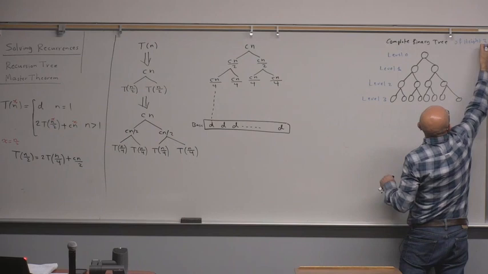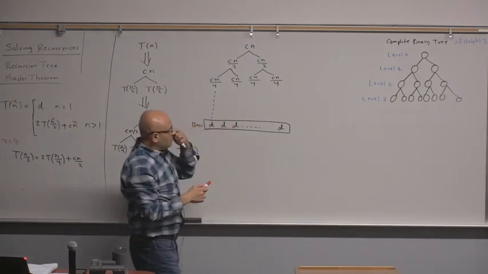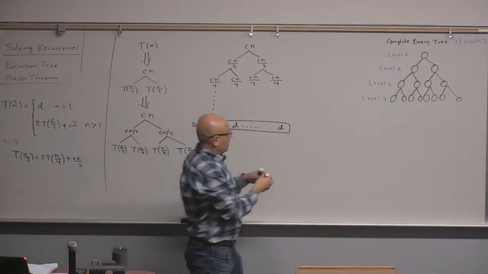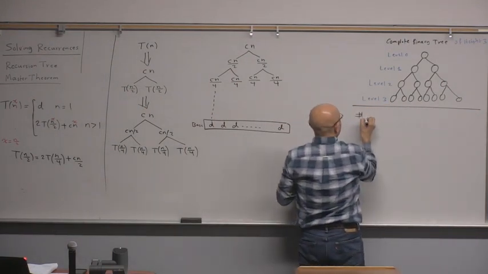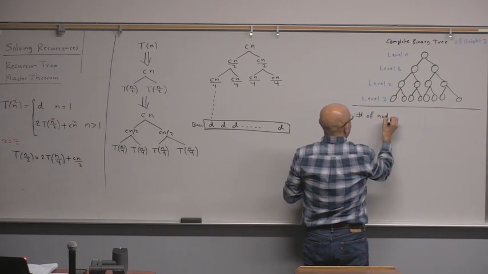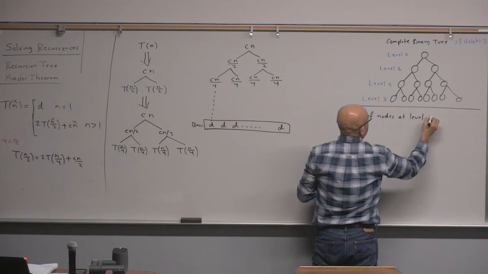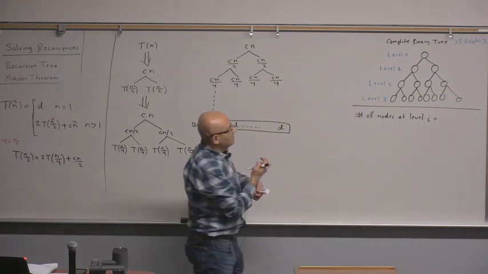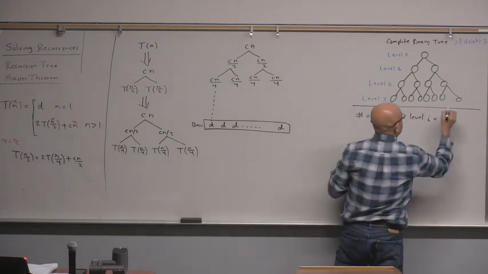Of height 3. Now, the number of nodes at level I equals what? Yeah, 2 power I. Exactly.